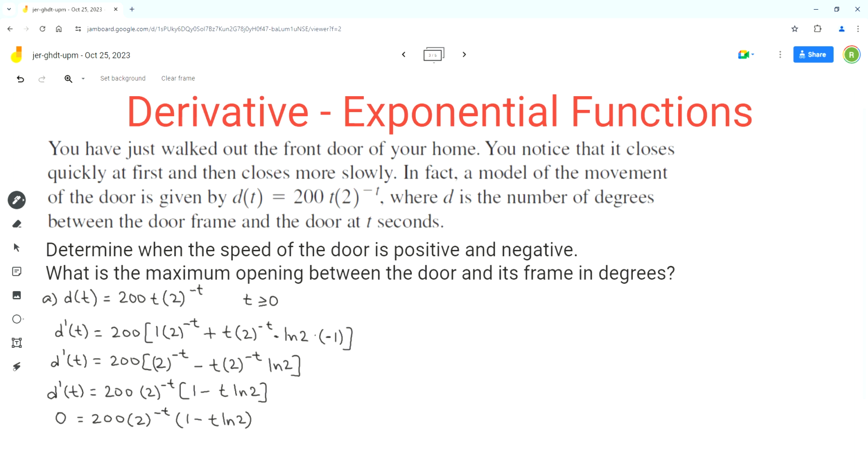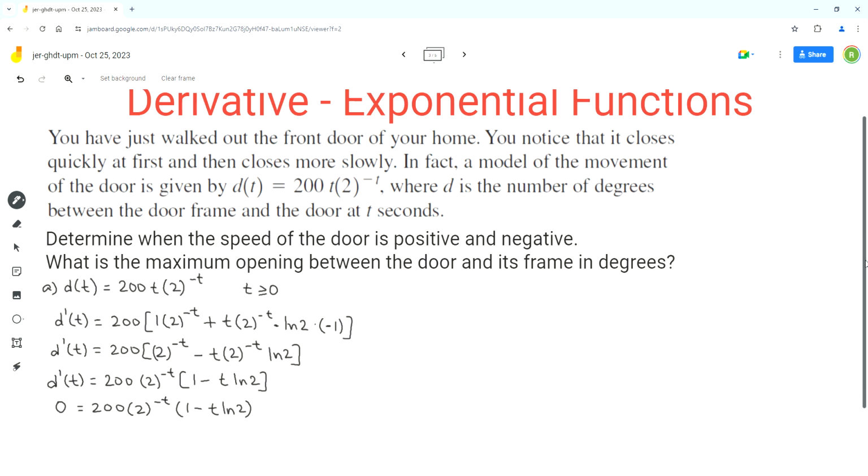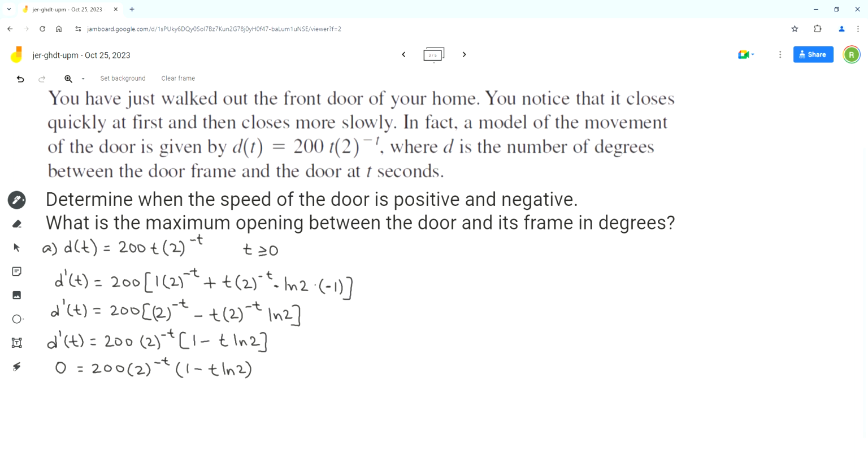Now we can solve this equation. So we get two cases. The first case is 2 to the power negative t equals 0. There is no t value that will make this exponential term equal to 0. So this case has no solution.